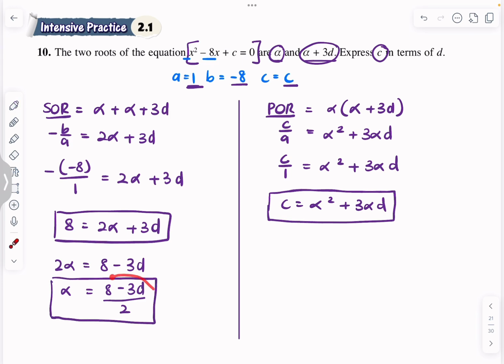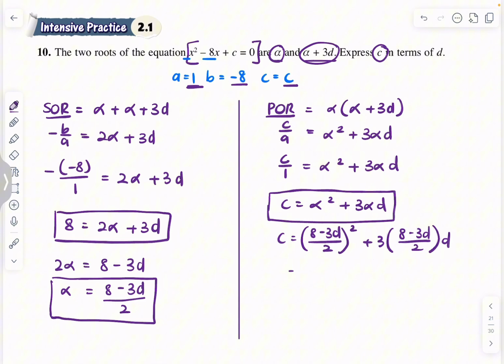Then we can sub this into alpha. So c will be 8 minus 3d over 2 square plus 3 times 8 minus 3d over 2 times d.